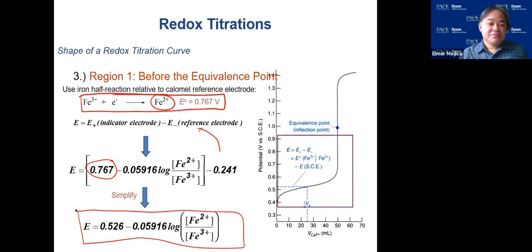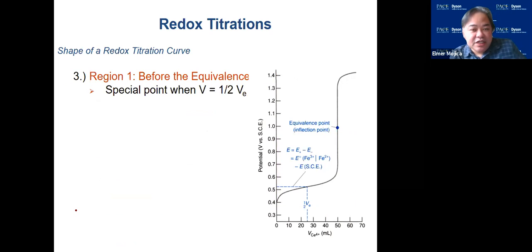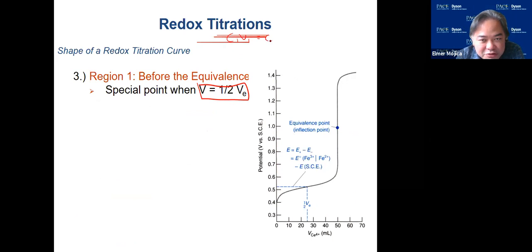Okay? Now, as we continue, we can look at some special points like this one: 1/2 of the equivalence volume. You may ask, what is the equivalence volume here? Again, you have C1V1 equals C2V2, but you have to take into consideration the moles, right?